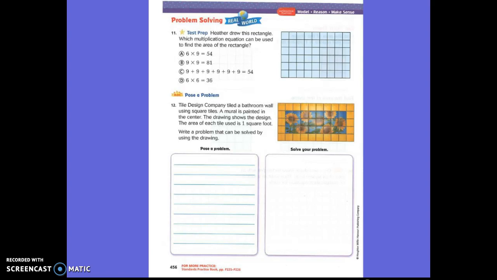Okay, now read the question. Write a problem that can be solved by using the drawing. Look at this drawing. It has square tiles, right? So what could you ask? What is a multiplication equation?